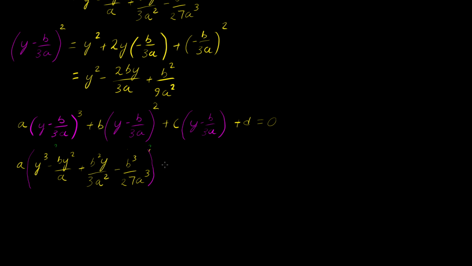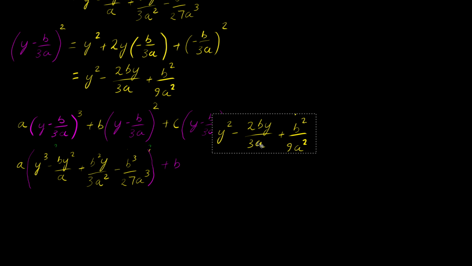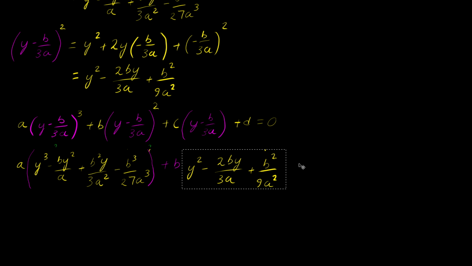b times our y minus b over 3a squared. Well, we figured out what that was as well. We just expanded it. So let me go ahead and copy and paste that. I could just write it out, but let me just copy and paste it. So there we go. Alright, let me put that into parentheses to make it clear.